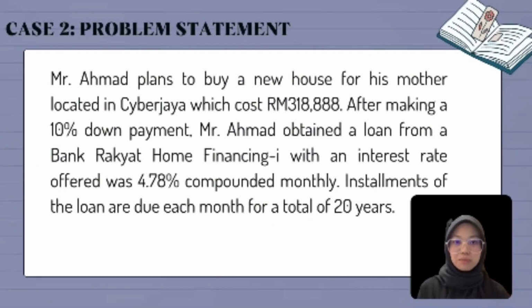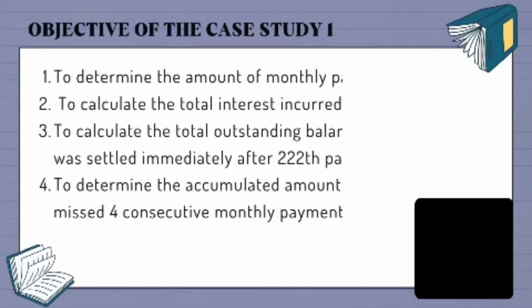Okay, for the problem statement of annuity: Mr. Ahmad plans to buy a new house for his mother located in Cyberjaya, which costs RM 318,888. After making a 10% down payment, Mr. Ahmad obtained a loan from Bank Rakyat home financing with an interest rate of 4.78% compounded monthly. Installments of the loan are due each month for a total of 20 years.